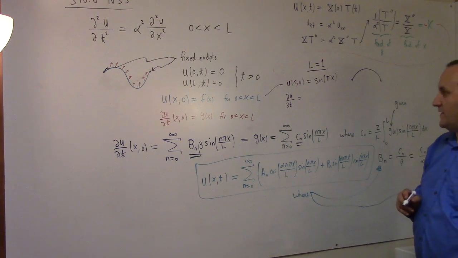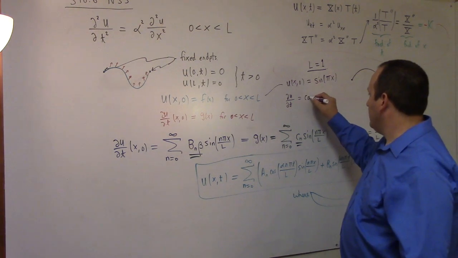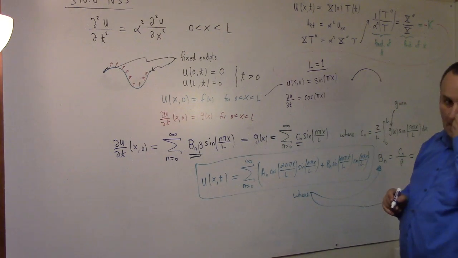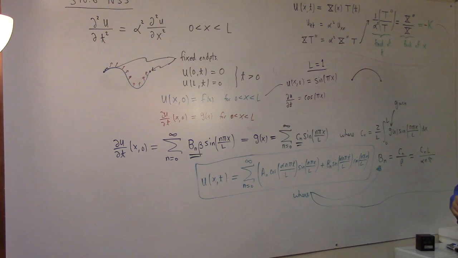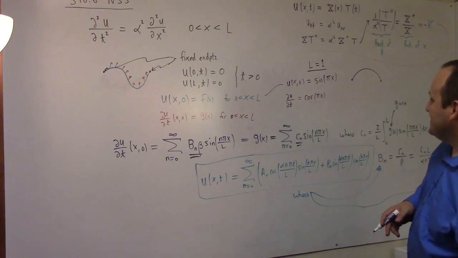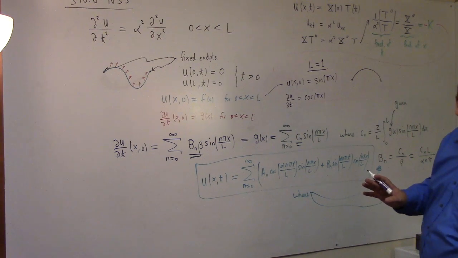We could do like cosine. I'm not sure that's possible, just guessing. You know, I mentioned last time that you have to be careful, you can propose impossible conditions for your PDE. We'll find out soon if that's possible or not.